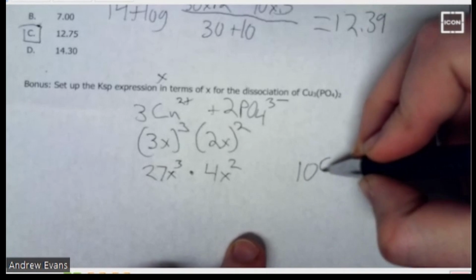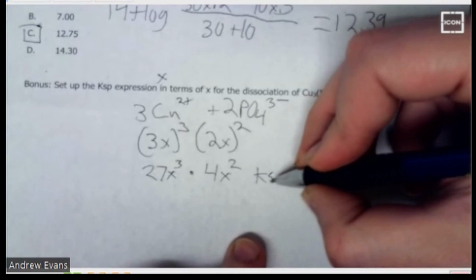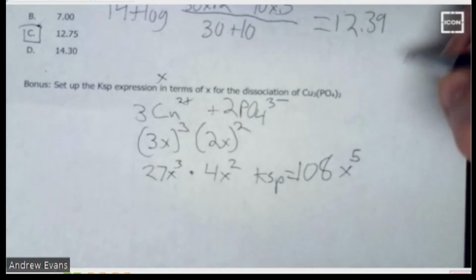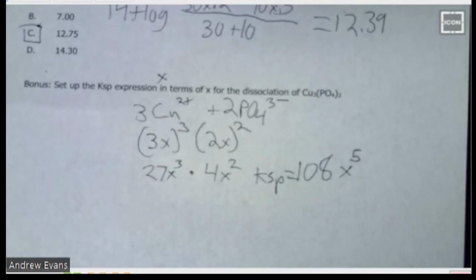So the proper way to set this up, Ksp equals 108 x to the 5th. If I gave you the Ksp, you could have found what is x and then what is the amount of copper. However, that was a bit of a challenge. Had you tried it and got something right, I gave you partial credit. But that was the test.